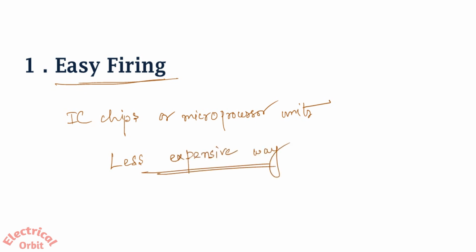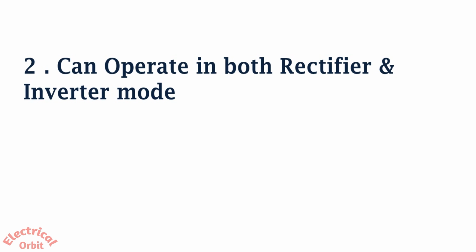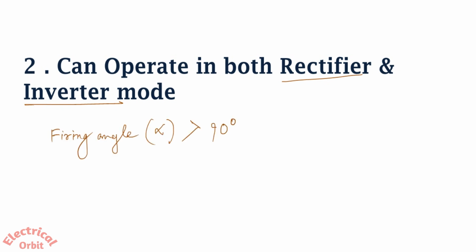That is an advantage. Next, a thyristor can operate both in rectifier and inverter mode. Now how? Whenever your firing angle is greater than 90 degrees, then your rectifier unit can also perform as an inverter. Now what is the firing angle? What is its purpose? I will discuss all this in the next lecture.